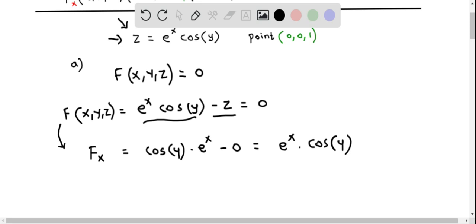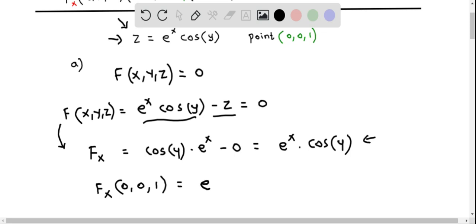Now we can evaluate this fx at the point (0, 0, 1). So we can write this as the partial derivative of f with respect to x at the point (0, 0, 1). And this equals, we have to plug in x equal to 0, y equal to 0, and z equal to 1 into this equation.